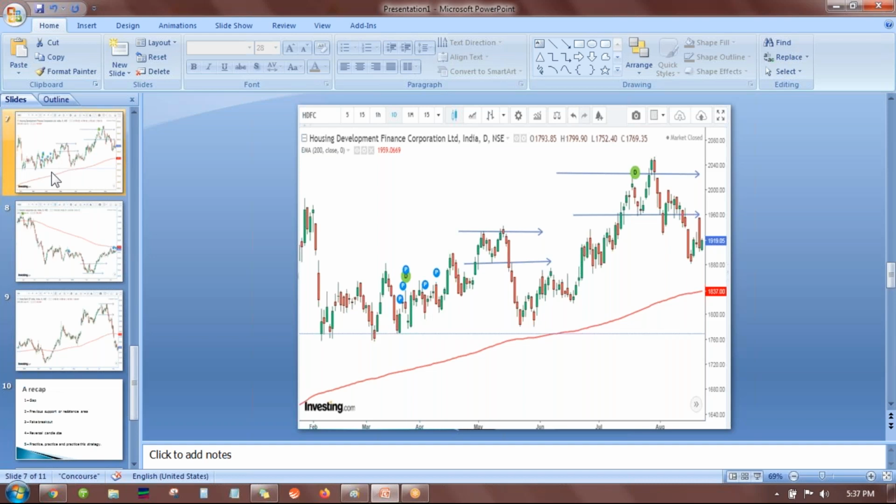That is a very hard game, I know, but once you start practicing it, it will not be a hard thing anymore. For example, here in this chart we have not got a pin bar or an engulfing candle. Once you start practicing this pattern, you will get habitual to it.